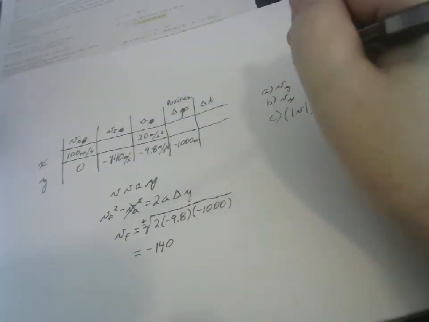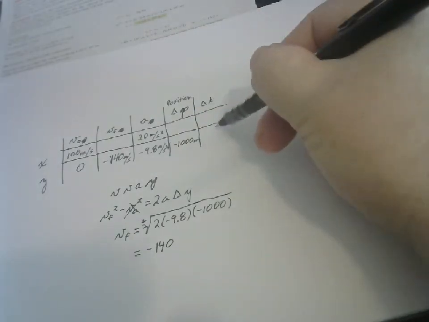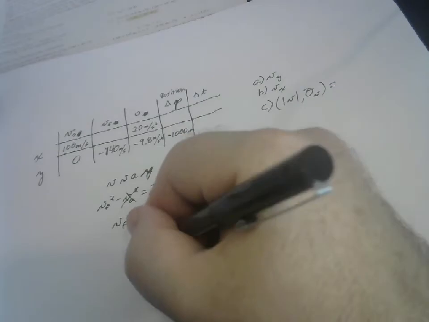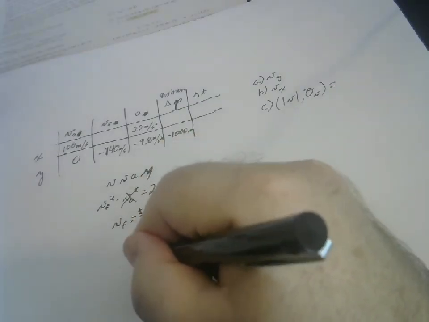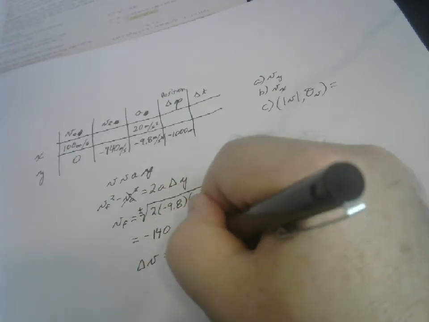Now, how much time does that take? Well, let's get the time and then we'll solve for v final for the x direction. We'll use the delta v equals a delta t to solve for this.